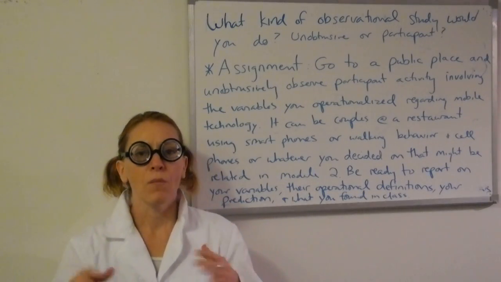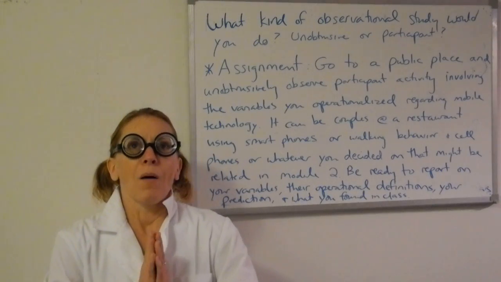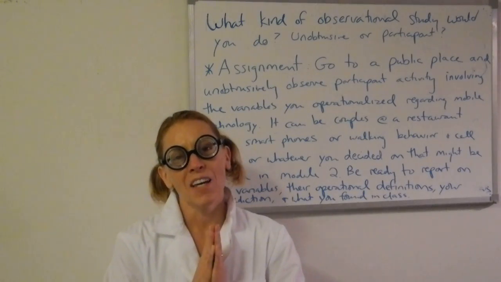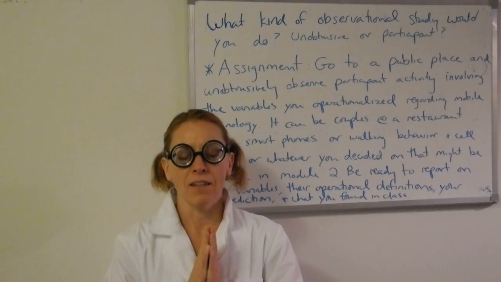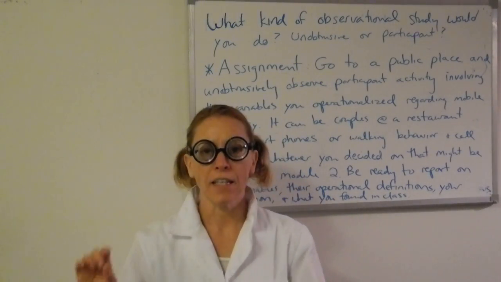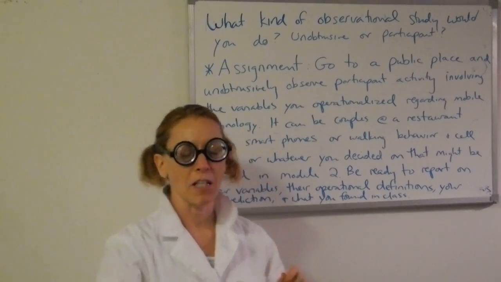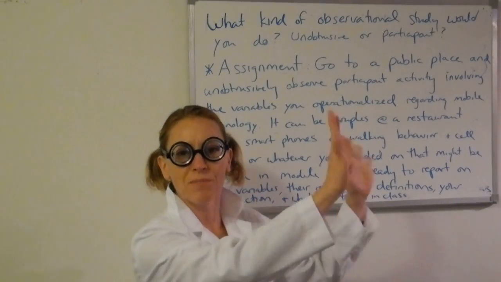So an example of an observational study that I did in graduate school: we had this funny idea that people who cared about their appearance would be more likely to check out the way they looked in a reflective surface. You know what I'm talking about, like those buildings you walk past with a big mirrored wall.